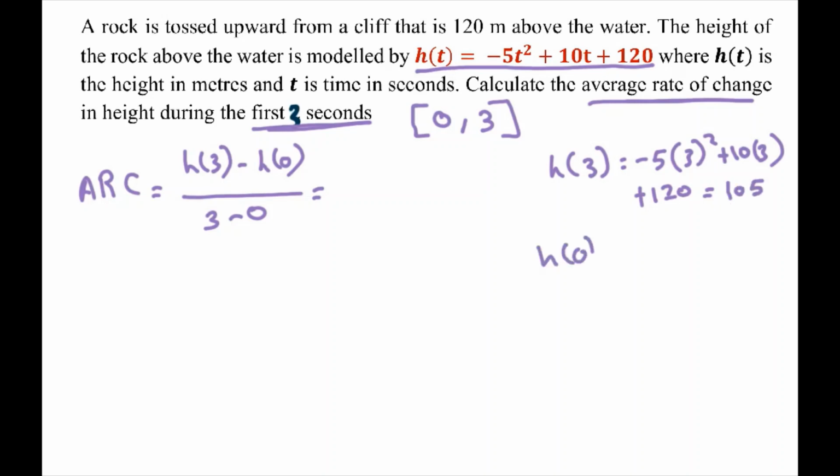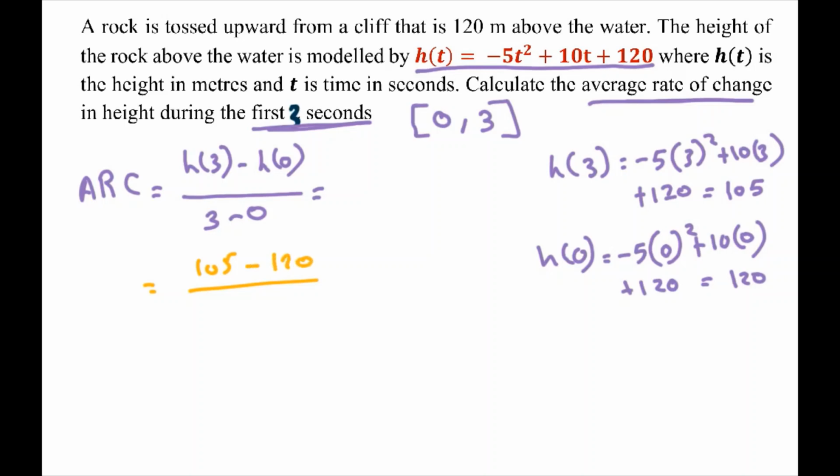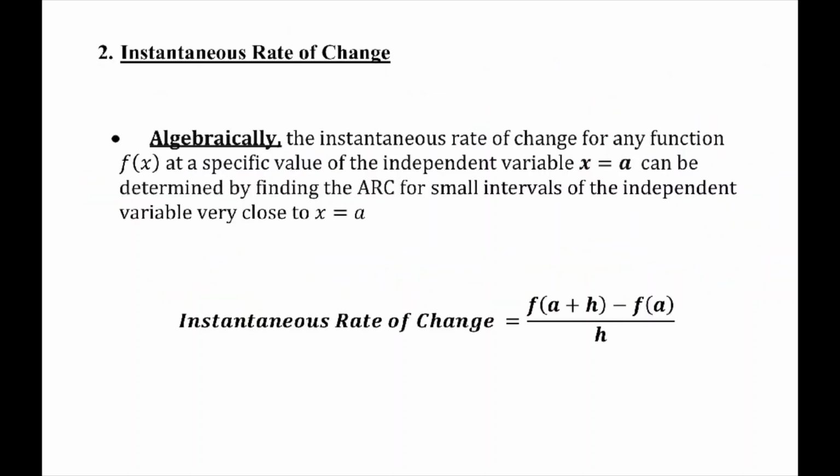And h(0) equals negative 5 times 0 squared plus 10 times 0 plus 120. And that's 120. So 105 minus 120 over 3. That's negative 15 over 3, which is equal to negative 5. So the rate of change here is equal to negative 5.